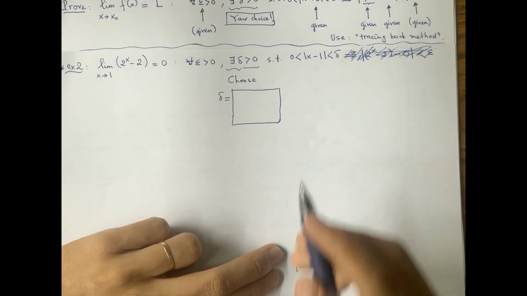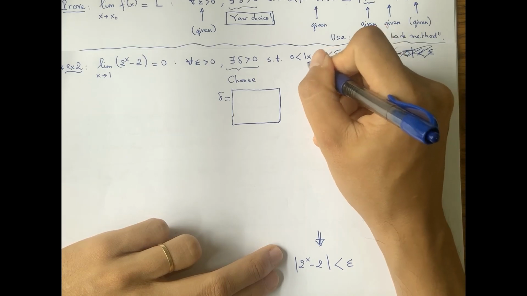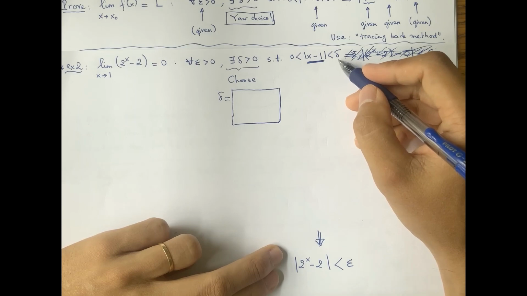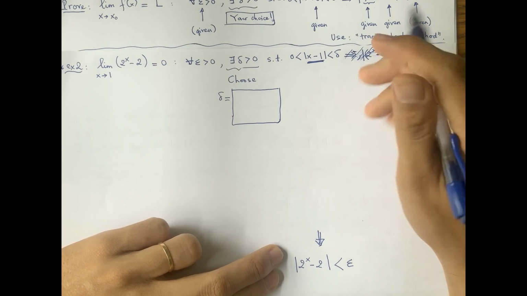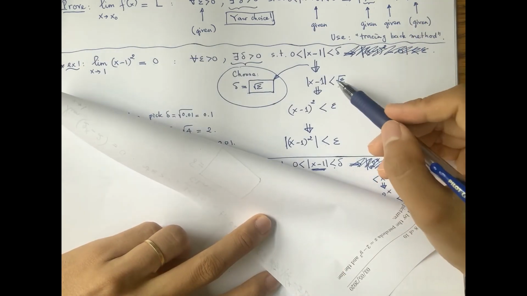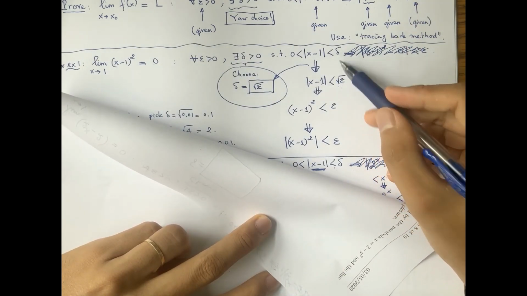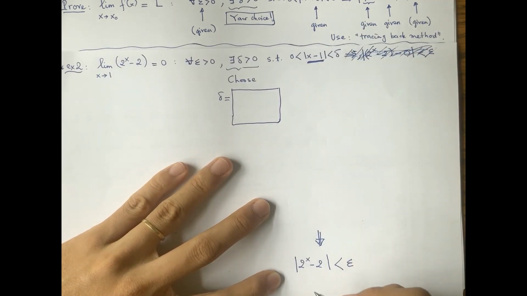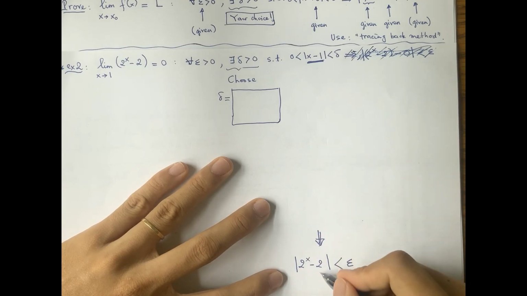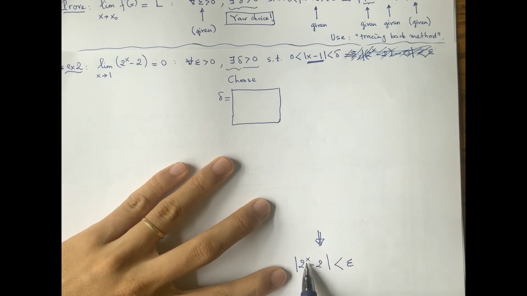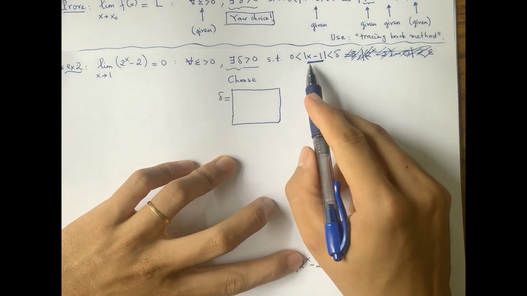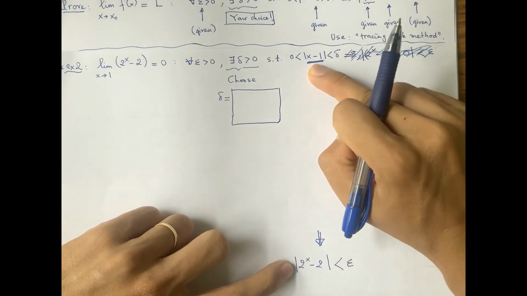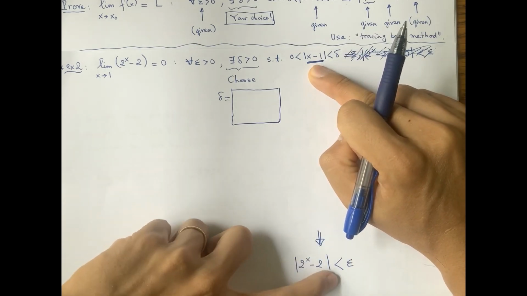Alright, so you observe that you will need to get something similar to this, so that you can start choosing delta appropriately, just like what we did in the previous example. We end up having something similar, and then we pick the delta based on the reality. Similar thing will be happening here. You want this, but it is going to give you something with x. However, you want x minus 1. The key is to try to relate to x minus x0 from the function's inequality.